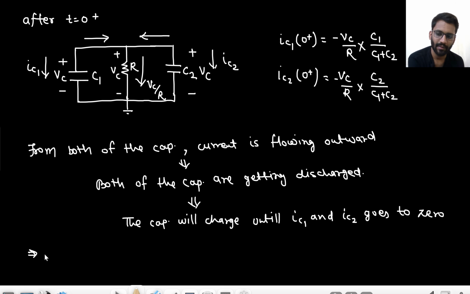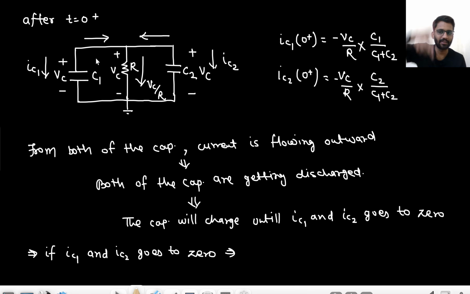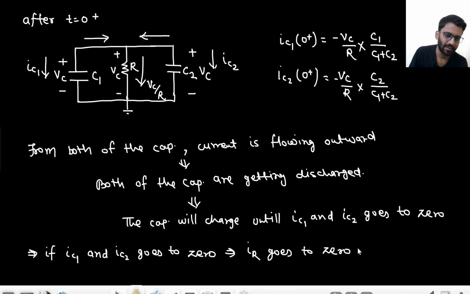If IC1 and IC2 go to 0, that means 0 ampere current here and 0 ampere current here. That means IR goes to 0.